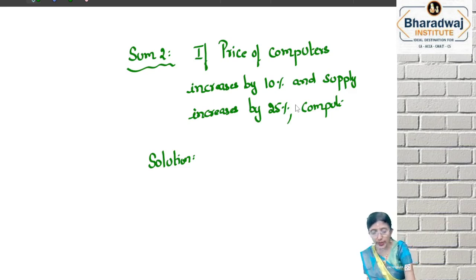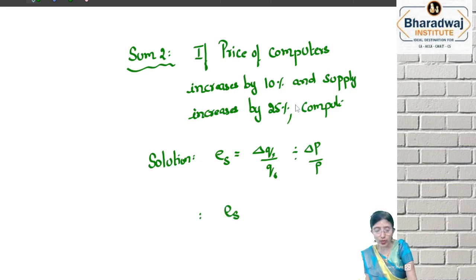So ES is equal to delta Q by Q divided by delta P by P. Here I know what should be written. So ES is equal to, where is my supply quantity? 25% by 10%.